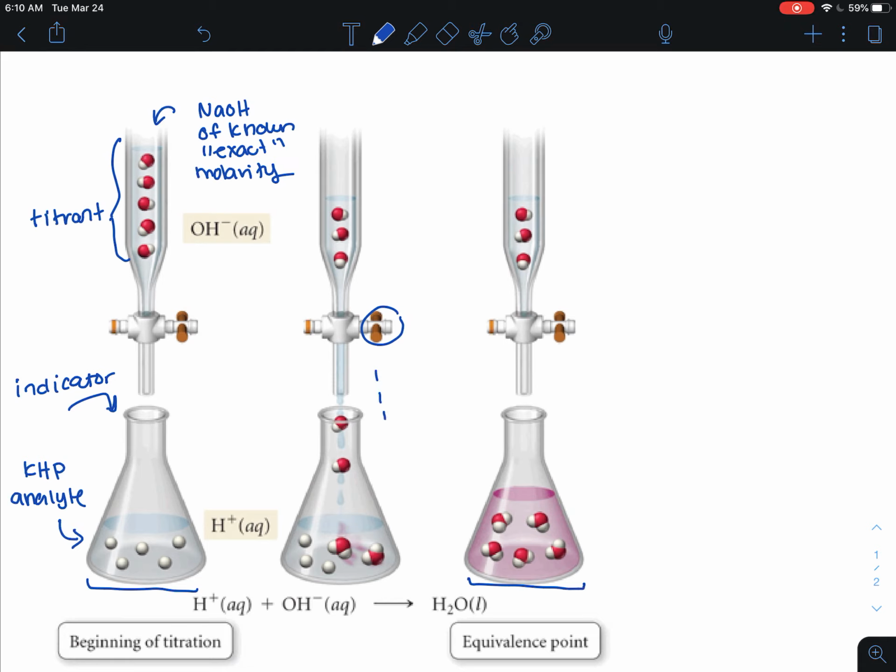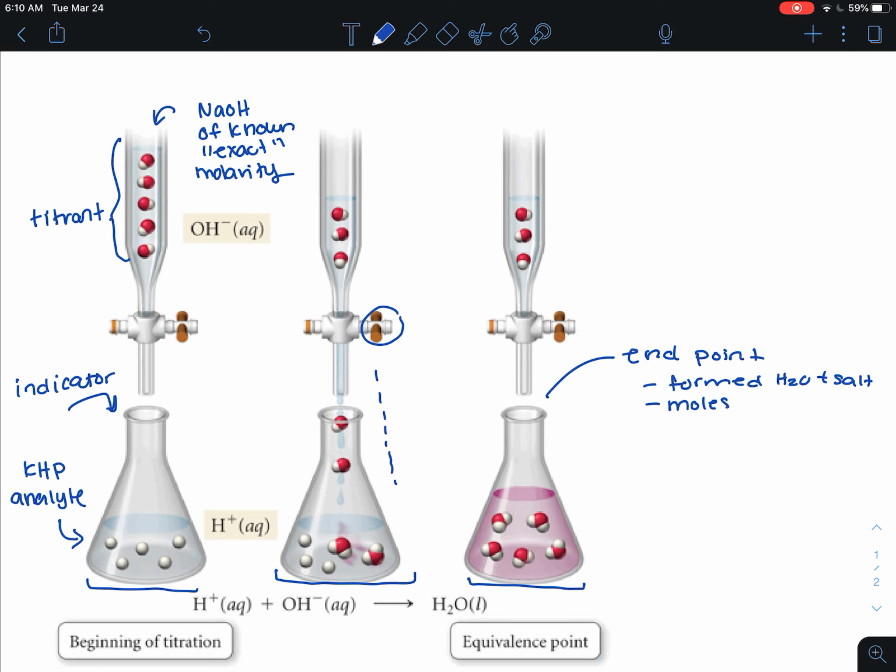So what your process is while you're titrating is you begin to open up your little valve and slowly add in drop by drop some sodium hydroxide, swirling the entire time as you do so. Once your solution is pink for 15 seconds and doesn't go back to clear, you have reached your endpoint.